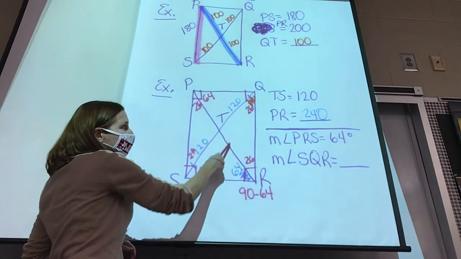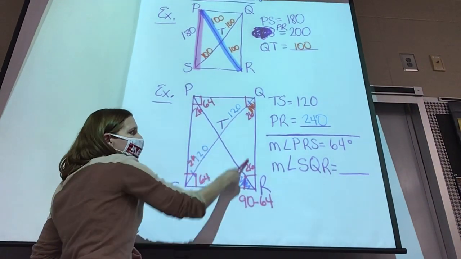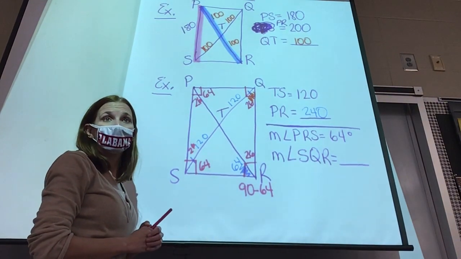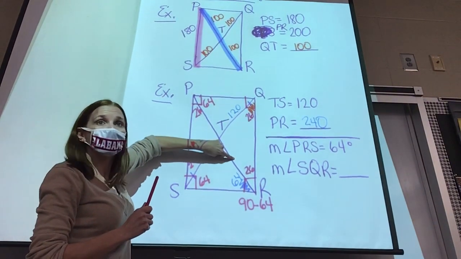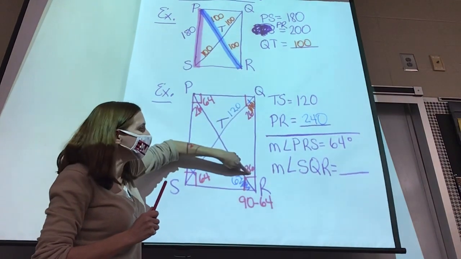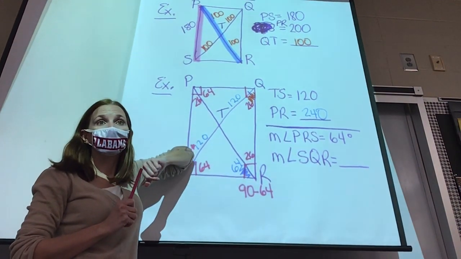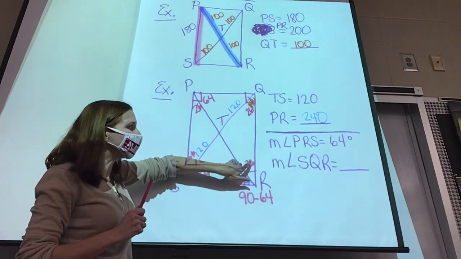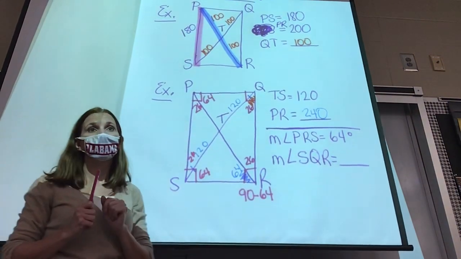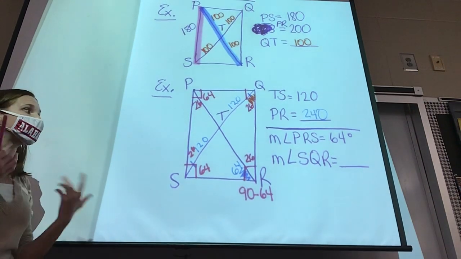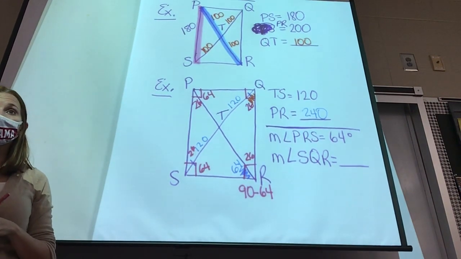If your two diagonals are the same, then the two angles inside there have to be the same. So once I found this one, I automatically knew what this one was, because that's what happens in an isosceles.